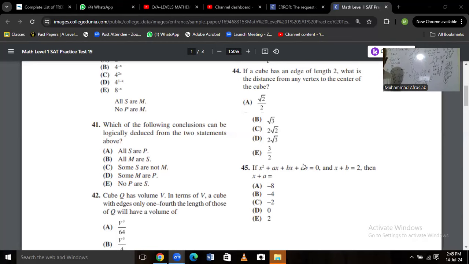Now, next question. If x square plus ax plus bx plus ab is equal to 0, where, sorry, x plus b is equal to 2, then what is x plus a?